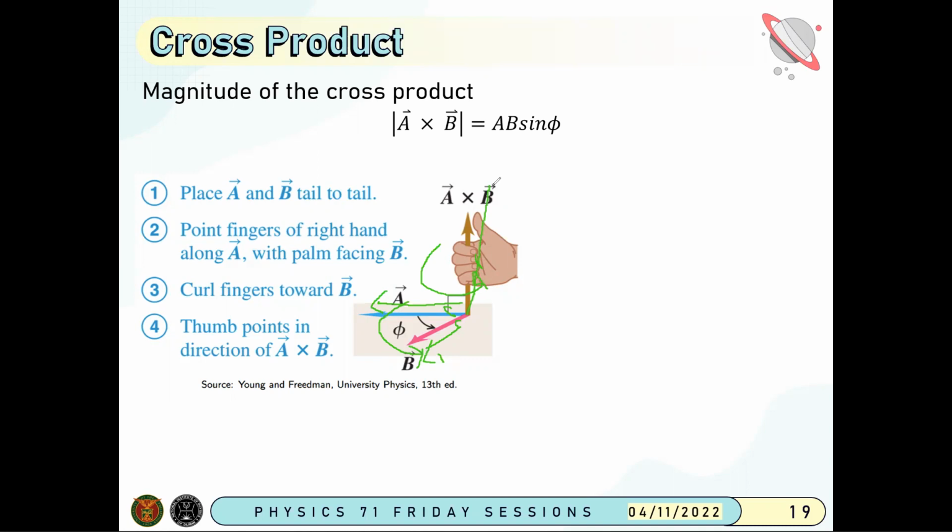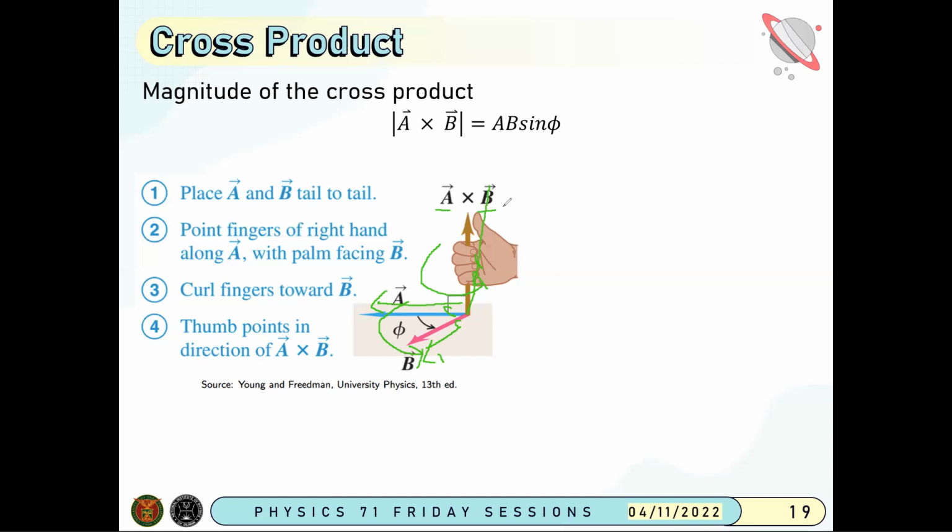Sorry to the left-handed, like me. So point your fingers on the first vector, curl your fingers towards the second vector, and your right thumb will point to the direction of the cross product.